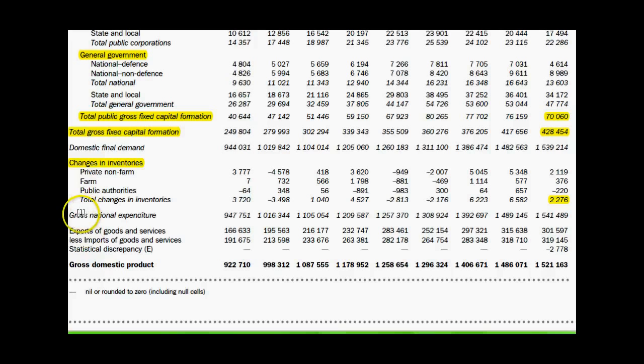Alright, so then we go to the end. Gross domestic product. 1.5 trillion dollars is our gross domestic product nominally. Alright, so that's the expenditure method.